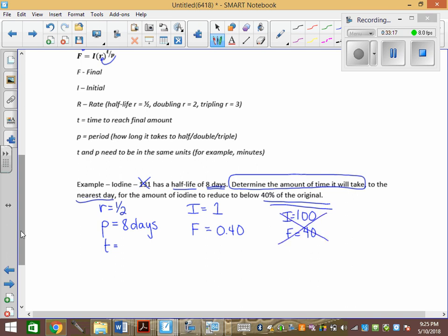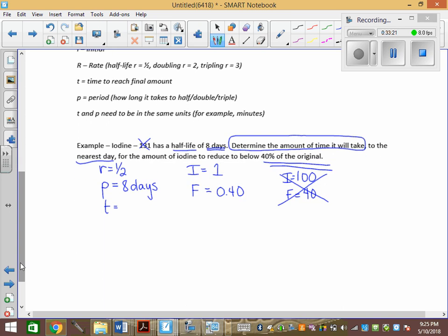I'm going to choose to use 1 and 0.4. When you go to solve any word problems, you can only be missing one variable. So we have to remember, if we're missing more than one variable, we need to go back and try again. Unless they're just looking for an equation that's not solved, then you could be missing more than one. So we have final, which is 0.40, equals initial, which is 1.